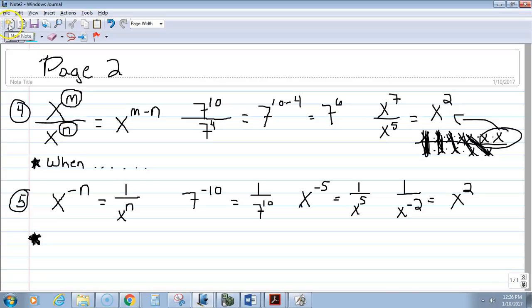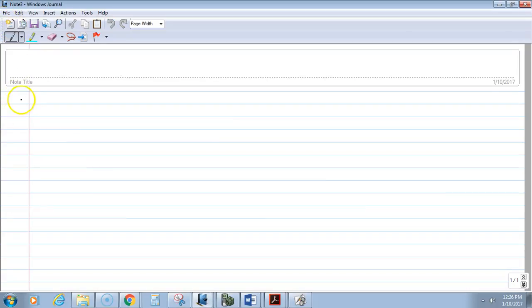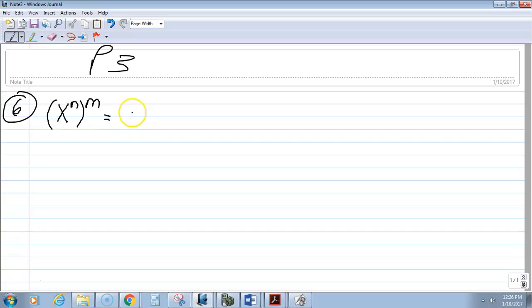Let's see. I'm going to change pages here. And for rule number 6, page 3, what if we are taking a power to a power, right? What if we have x to the n, in parentheses, we want to take that to the m power out there, okay? The rule is we multiply those two things together.